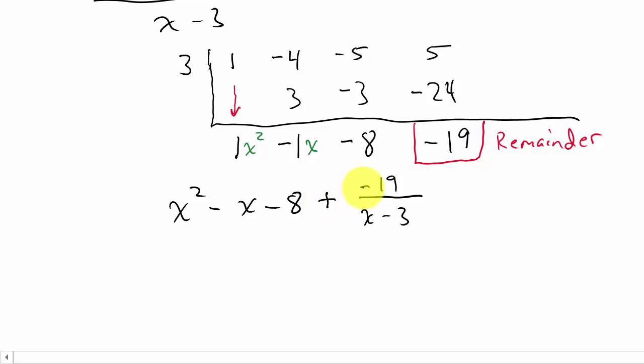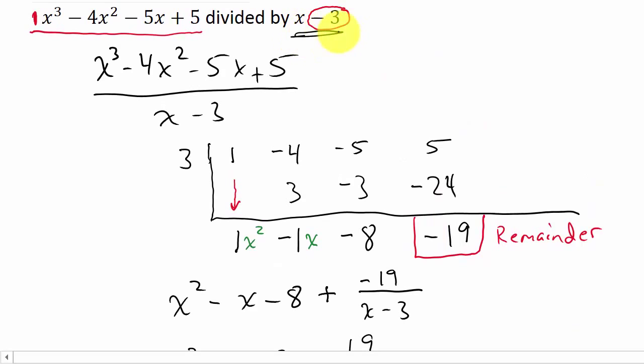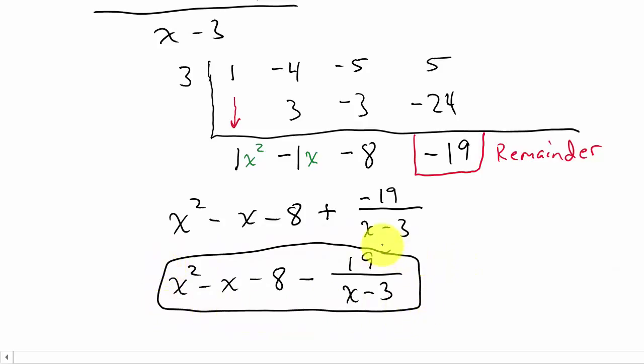We have the plus and the minus here, so that would just end up being x squared minus x minus 8, and then the plus and the minus make a minus 19 over x minus 3. Just remember here it's plus the remainder over the divisor. And this would be our solution.